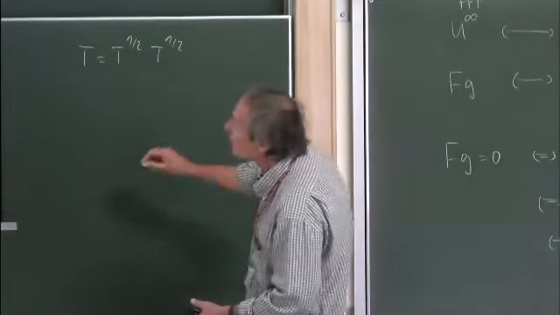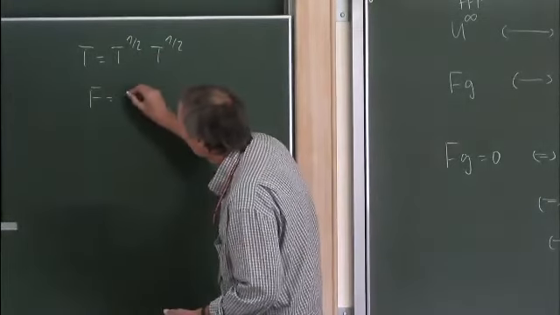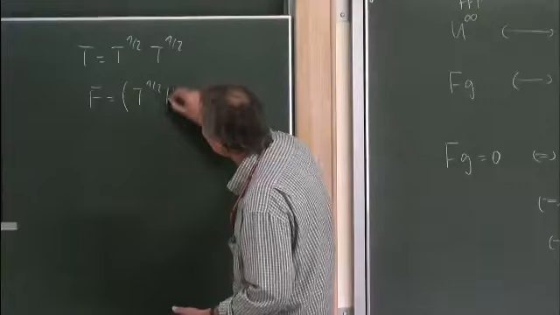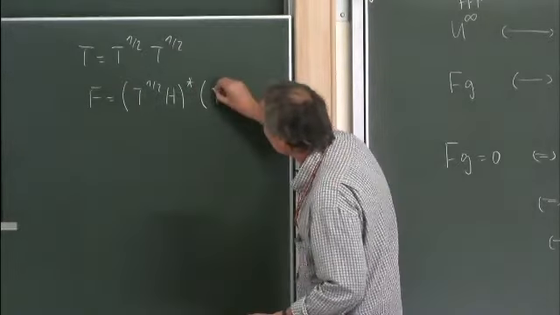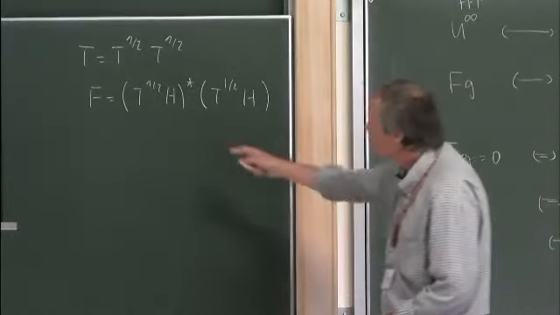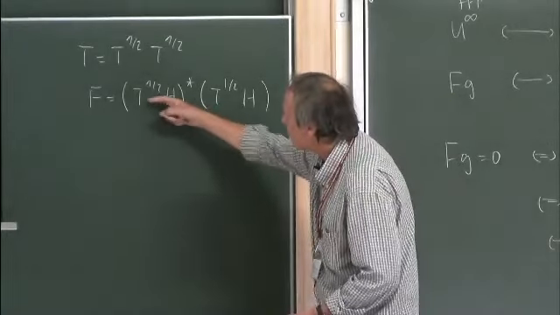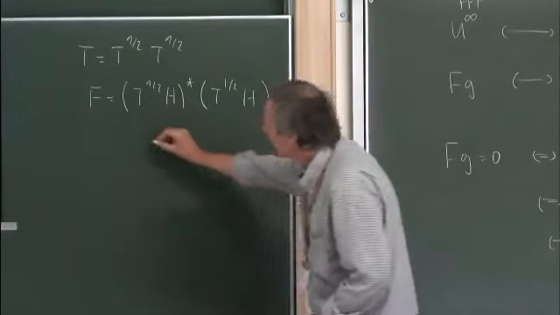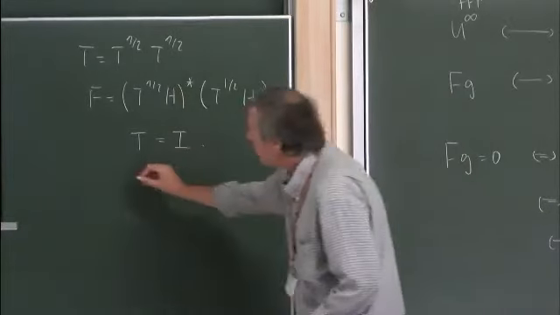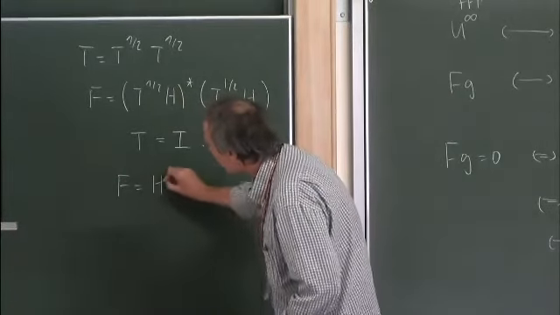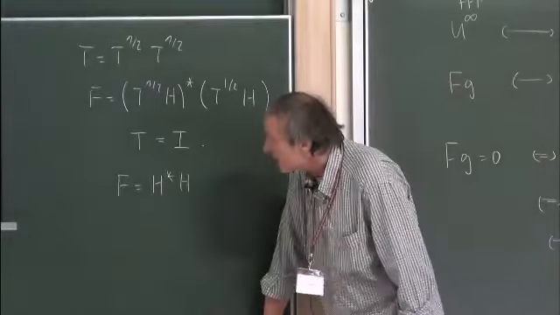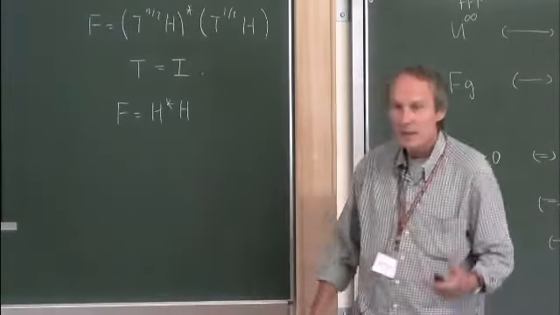Then we have the factorization in the form of T^(1/2) H star T^(1/2) H. You rename H to be that, so without loss of generality, T could be the identity. And then you have F is H star H. And what you do now is you consider a singular system.